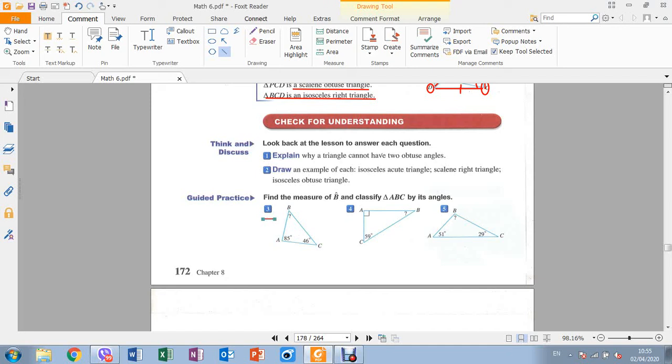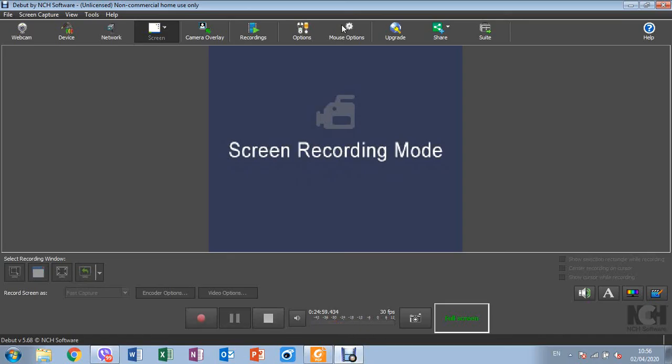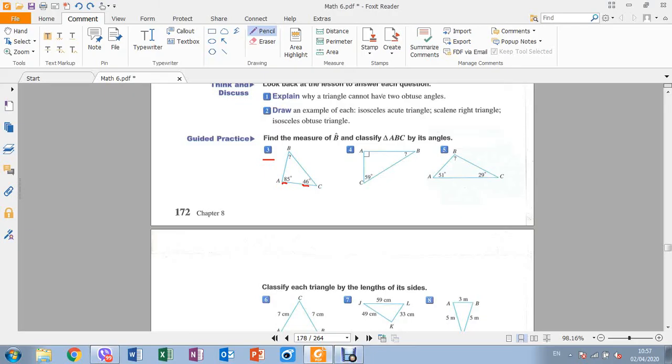We have only the measure of two angles, so we add these two angles first, and then 180 minus these two directly. We know the answer.